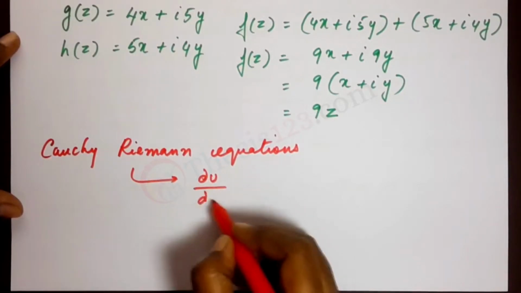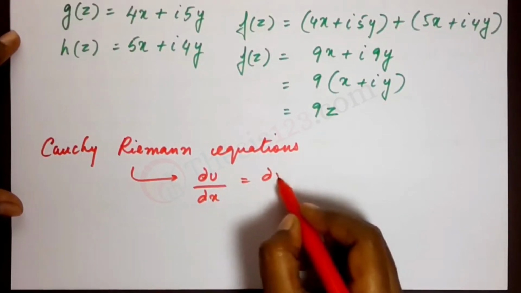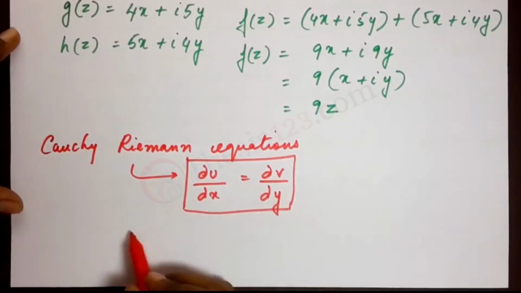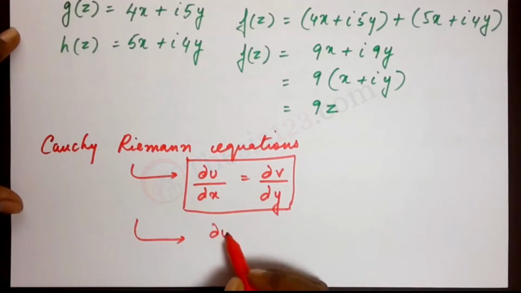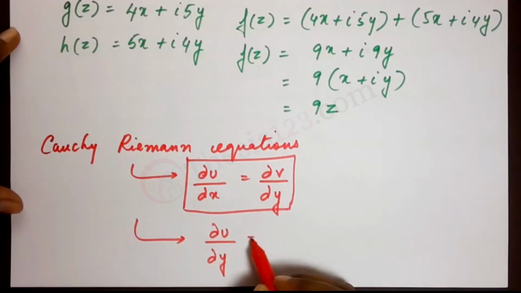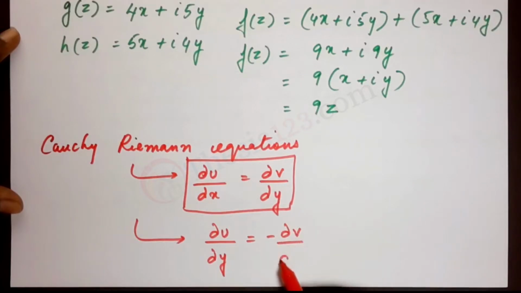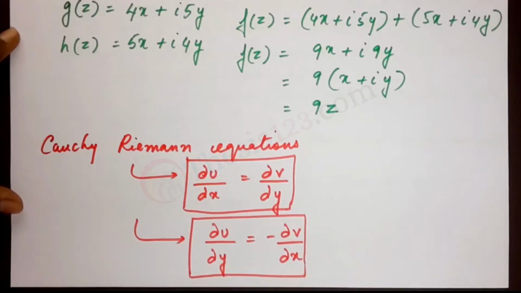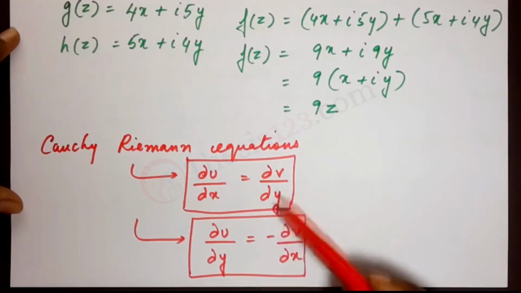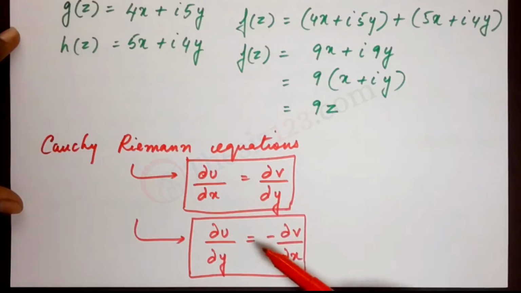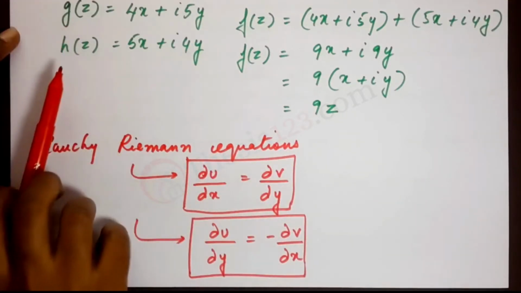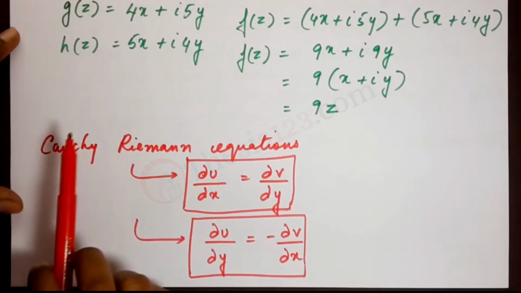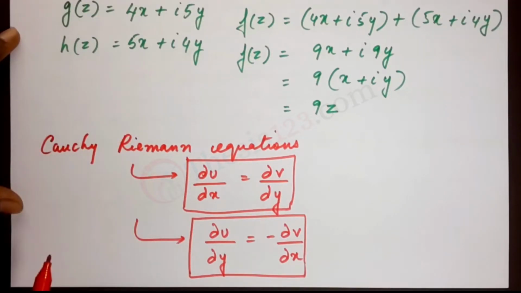The first is ∂u/∂x = ∂v/∂y. The second is ∂u/∂y = −∂v/∂x. Now when we try to find out if g(z) and h(z) satisfy the Cauchy-Riemann equations, we find that they don't.